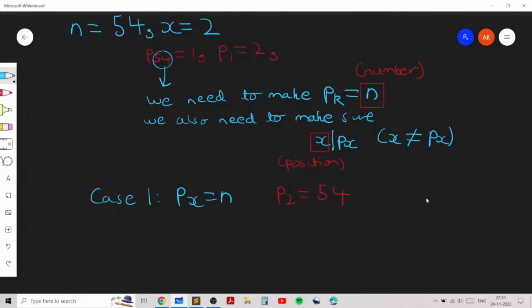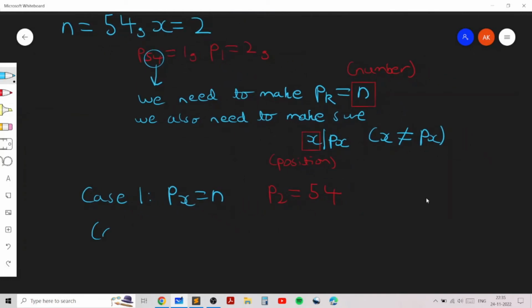This is one possibility, but this is not the minimal possibility. There are other possibilities. The other case is in which you do P of x times some value, in this case times 3 works. In general, it will be P of x times some k, such that this number divides n. Let me explain with the help of this example because it may not be very clear.